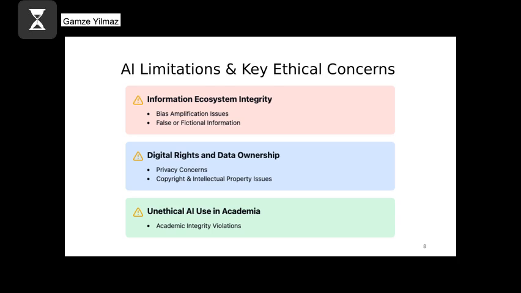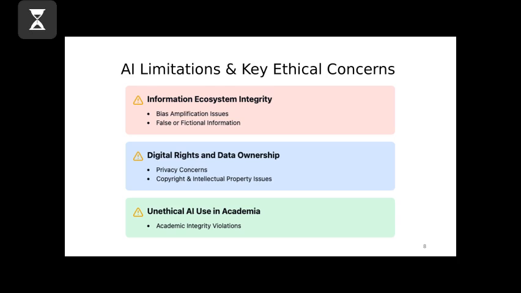So the second ethical concern is about digital rights and data ownership. So unfortunately, AI companies are not very transparent about how they collect user data, why and how long they store this data, and how they protect this data. So we already know that because the competition is so heated in the field of AI, companies are racing to launch their products without really implementing these cybersecurity guardrails.